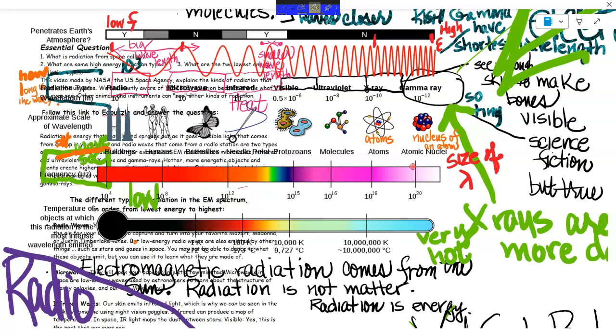We can see the size of the wavelength here is huge. It's 10 to the 20th power. Whereas this is a trillion wavelengths. This is 100 billion. This is 10,000 wavelengths.